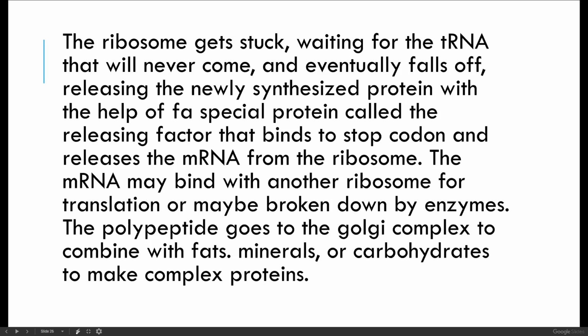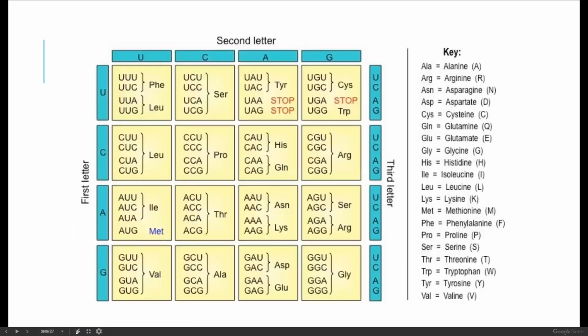We're talking about binding with the anticodon. Let's see if we can have the table of these proteins. Okay, this is now your table of those proteins. We have the first letter on your left side, on the upper part is the second letter, and the third letter is on your right side.